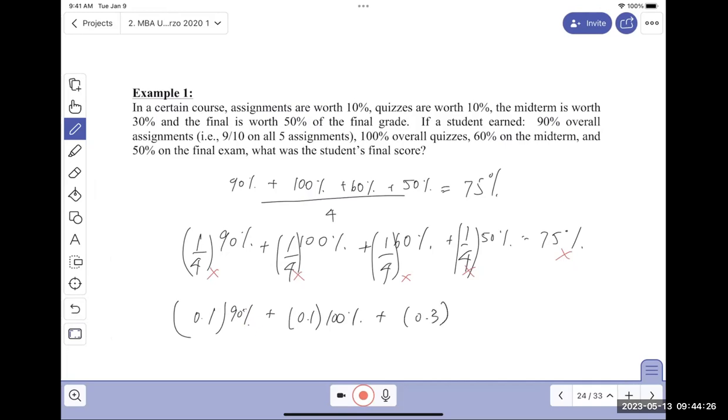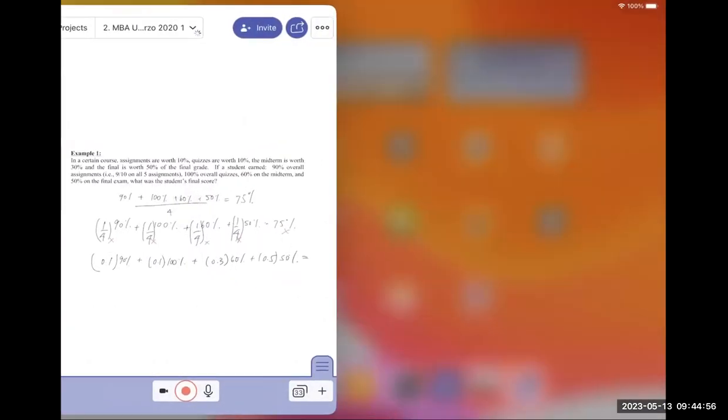And I'm going to show you how to put this into your calculator. 60%. Yeah, 60%. This one is 50%. And when you do it that way, I'm going to show you how we'll do it in the calculator.